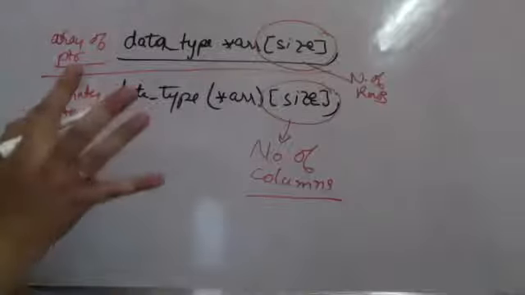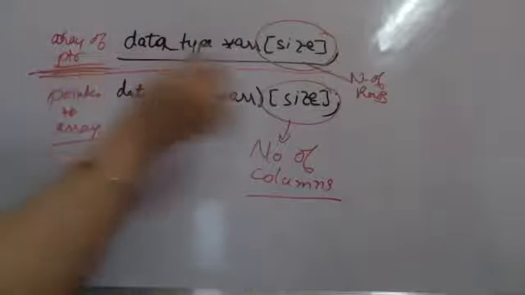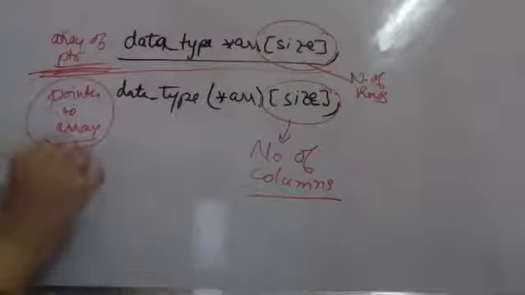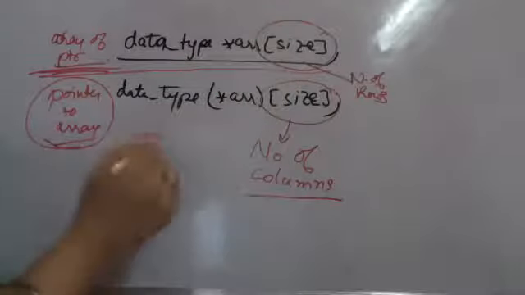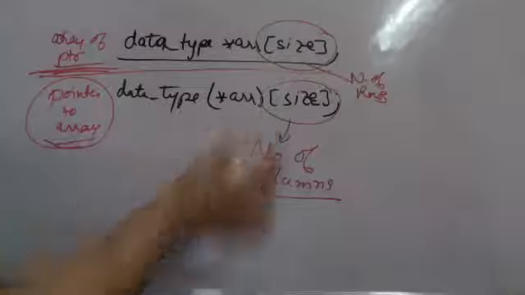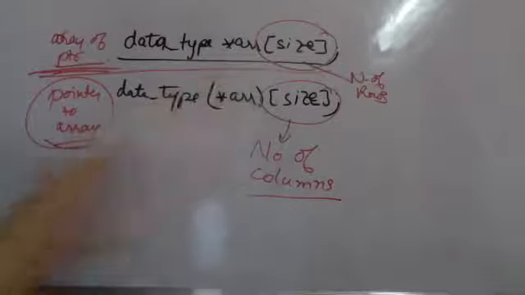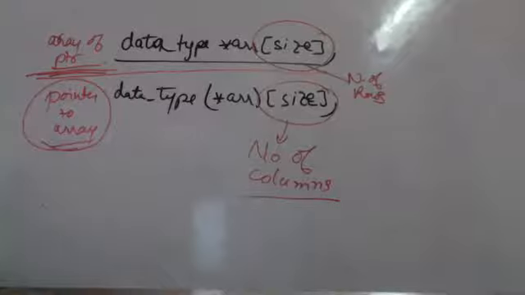I am again repeating, in array of pointers we are mentioning how many rows of pointer variables are required, and in pointer to array, how many columns there are in each row. This size represents the number of columns in each row, because for each row an array of that much data is being created.